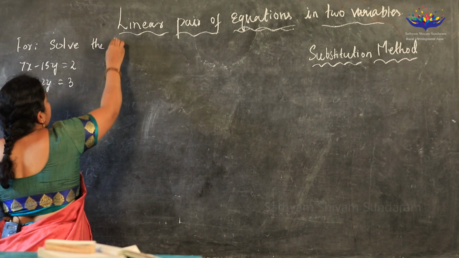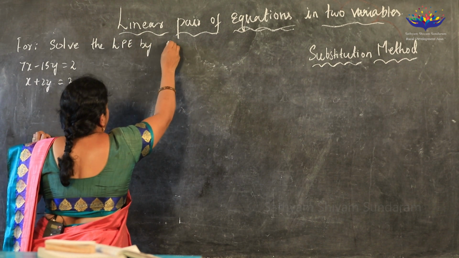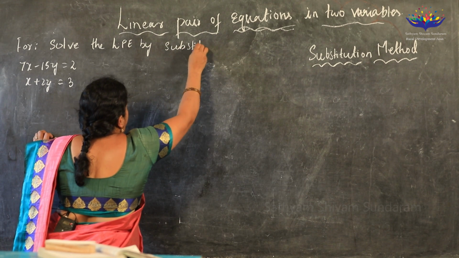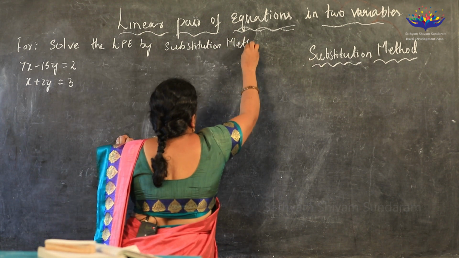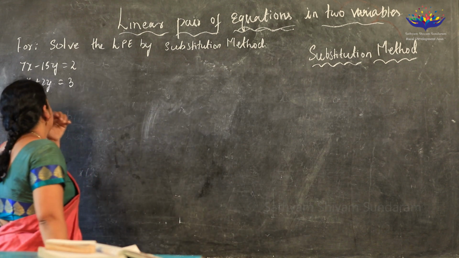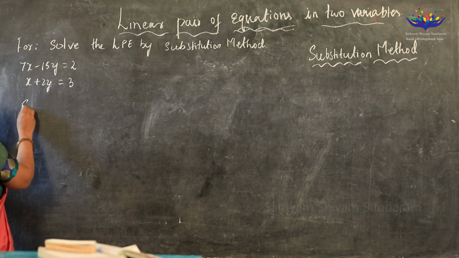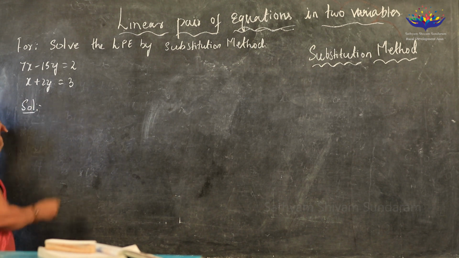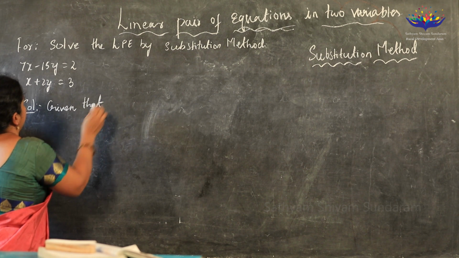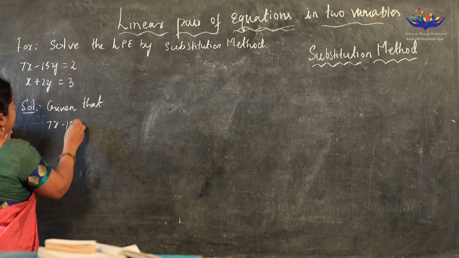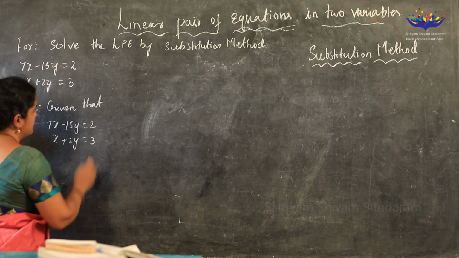Solve the linear pair of equations by substitution method. Given that 7x minus 15y is equal to 2 and x plus 2y is equal to 3.